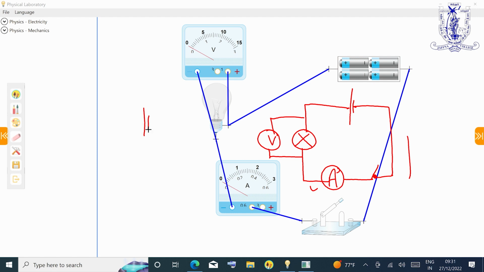And sometimes there are two or more bulbs with the batteries connected. The important thing is that positive and negative are connected correctly. This is positive and negative, this one negative and positive, and the bulb, ammeter, switch, and a voltmeter.